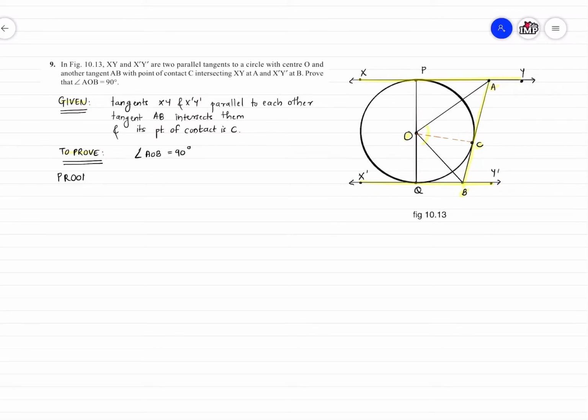In order to prove that angle AOB is 90 degrees, what we really have to do is prove that angle POA is congruent to angle AOC. We can easily do that by using RHS, proving that triangle APO and triangle ACO are congruent to each other by RHS, and by CPCT we can say that this pair of angles is congruent.